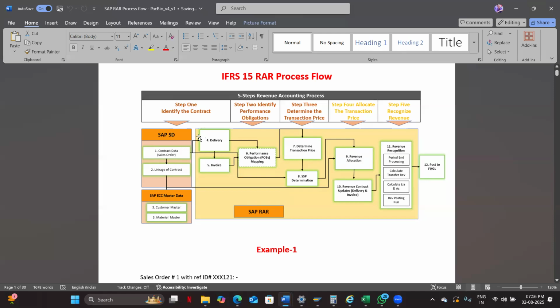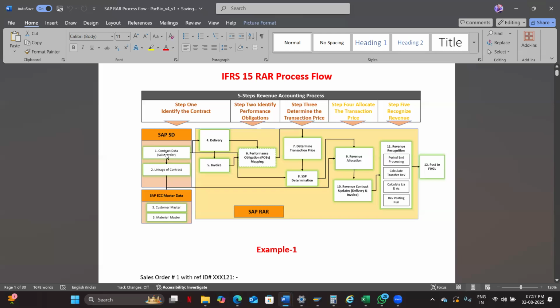Next, how it goes in SAP. They deliver goods and invoice. You can see step 4 and step 5. They are delivering goods and invoicing. After the invoice, they generate the POB, the performance obligation.